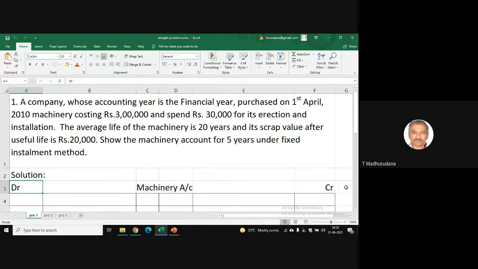Here in this problem, the average life of the machinery is given, so automatically the second formula will be applicable. As per the second formula, we have to find out the annual depreciation on the asset every year. If you calculate the first year, that is more than sufficient.